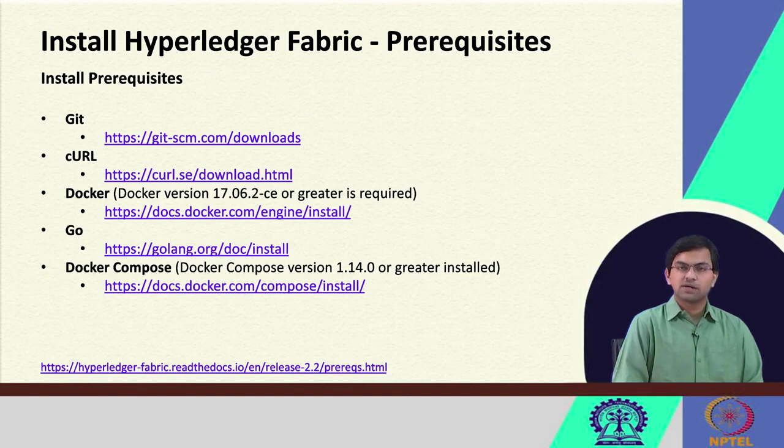Docker is a very specific container technology which is used by Hyperledger Fabric to manage its different components and modules. Docker uses this encapsulation technique called containers, and Fabric uses Docker to separate out all the different processes which are being run by different organizations.